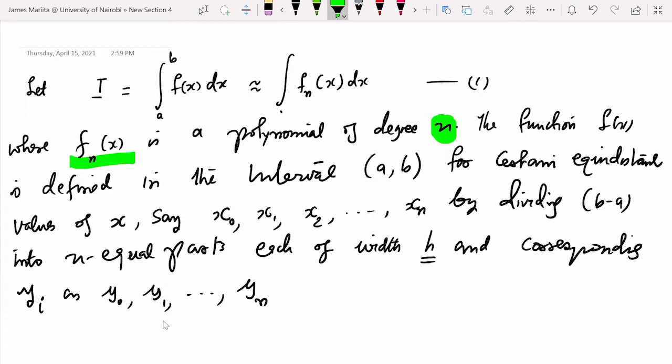The function f(x) is defined on the interval (a, b), of course, because that is where we have the limits of integration.